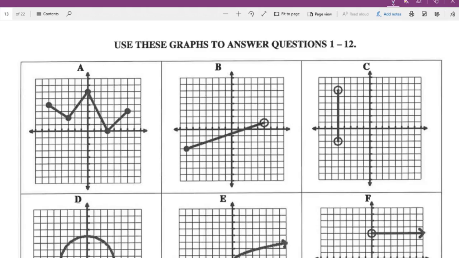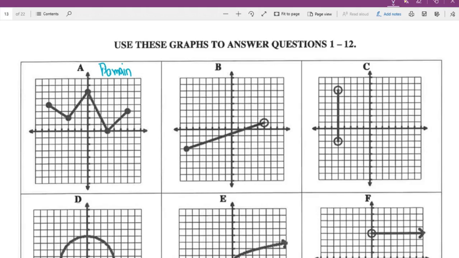So, let's get started with the domain for A. I'm going to write the domain on top for all of these problems, just so we can keep it organized. So to start, we know that the domain is on the x-axis because it includes all x values that are included on the graph.